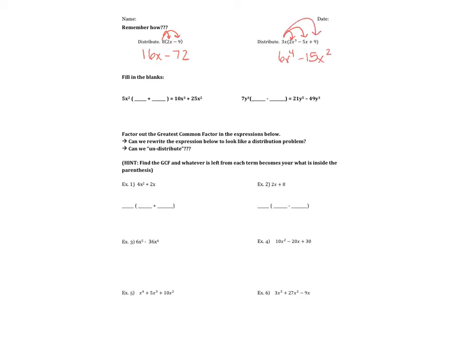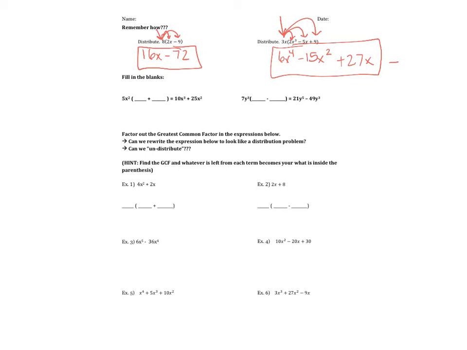And lastly, 3x times positive 9, which gives me a positive 27x. Now, what's important to realize is that 8 and that 3x are greatest common factors of each of our answers. So when we did this, we were multiplying our greatest common factor back into the problem.